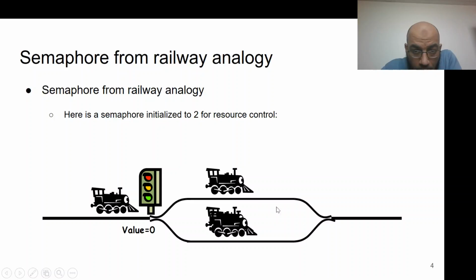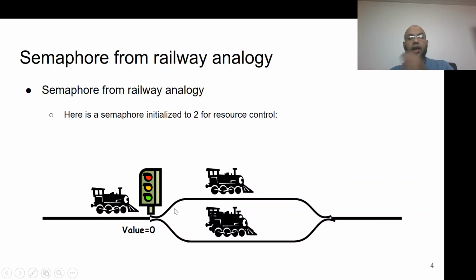Suppose that you have two stations, one on the top branch and one on the bottom branch, and the trains are stopping at these two stations, loading people and so on. So the third train coming from the back cannot go into either of these two branches, so the value is 0. You cannot go, right? So this semaphore is initialized for resource control.